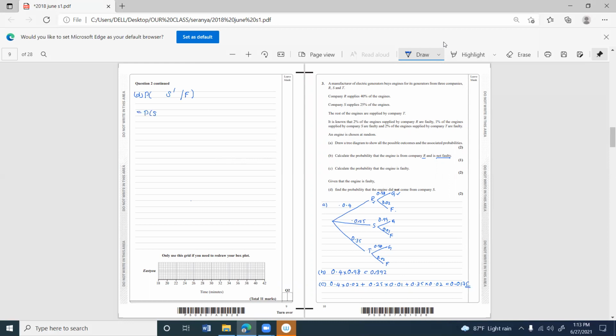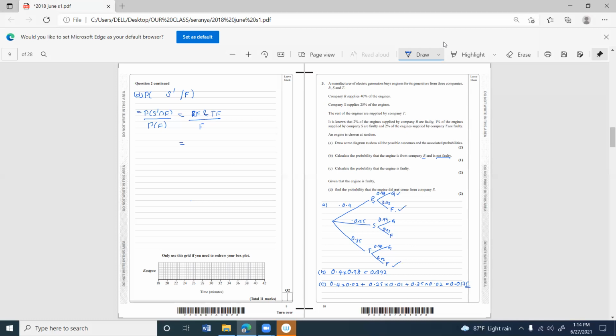Probability of S dash intersection F divided by probability of F. So S dash F means it's not S, but it's faulty. What are the combinations? It's R with faulty and T with faulty, divided by total faulty.